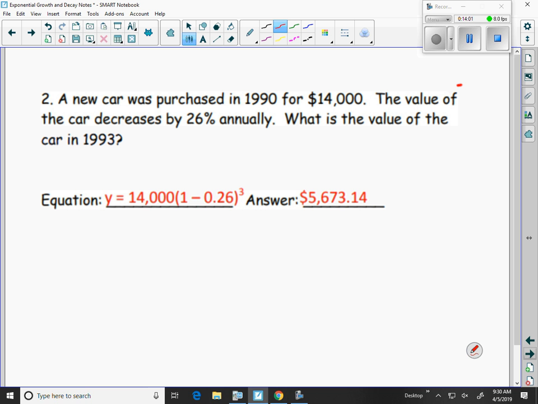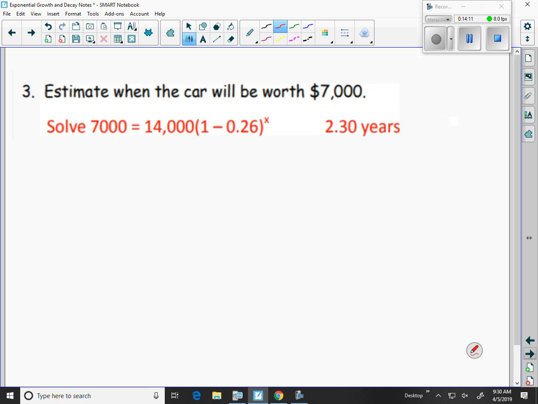How do you do this? Yeah, so for that last one, that would be your equation. It should be 2.3 years. Any issues there?